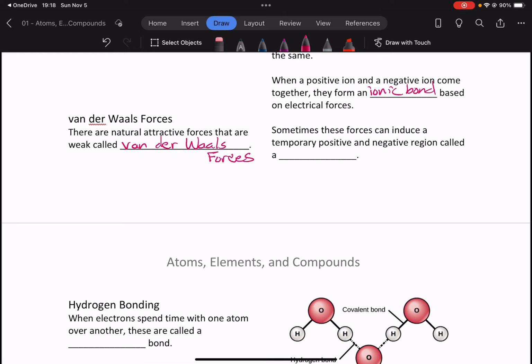So the oxygen holds those two electrons, giving it a temporary kind of negative charge. So we've got a molecule that has a region that's positive and a region that's negative. I'll show you on the next page. But those are called a dipole, okay? Because the molecule has a region that's positive and a region that's negative.